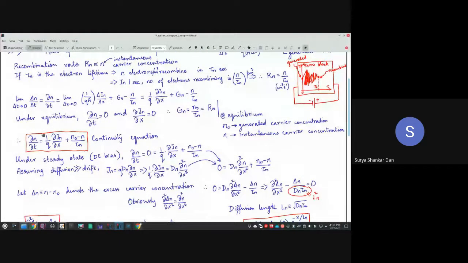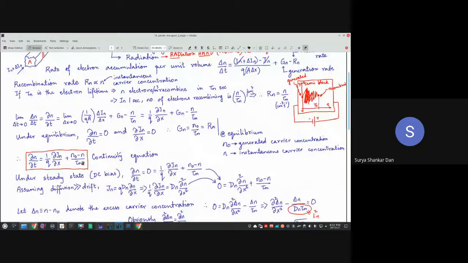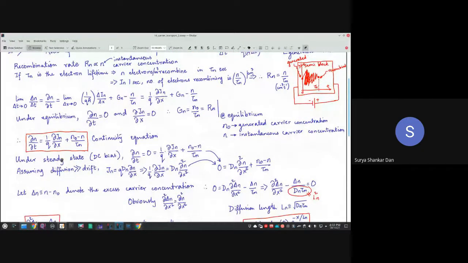The special advantage of the continuity equation is that it takes into account the carriers generated or lost in some part of the device, where we have included the term coming from the currents and the other term coming from generation and recombination. You can go through this part. This was already explained in the class itself.